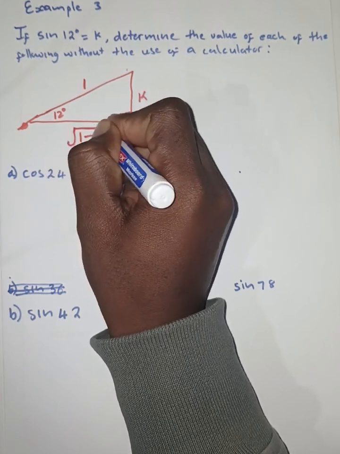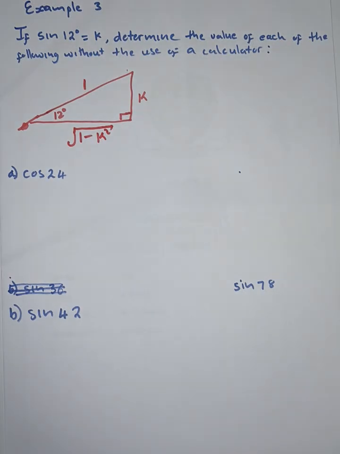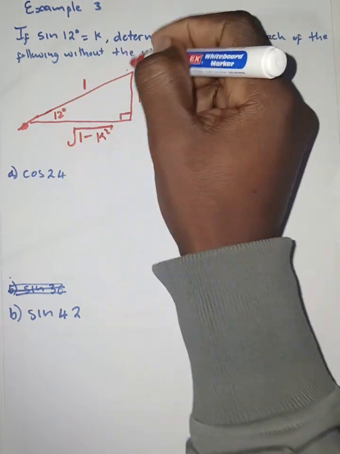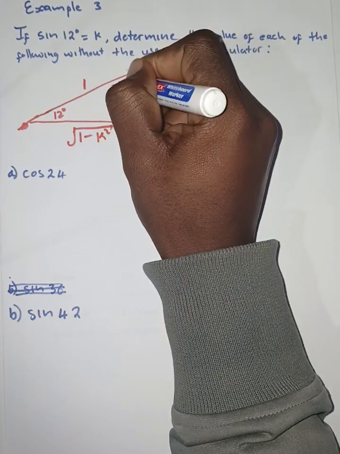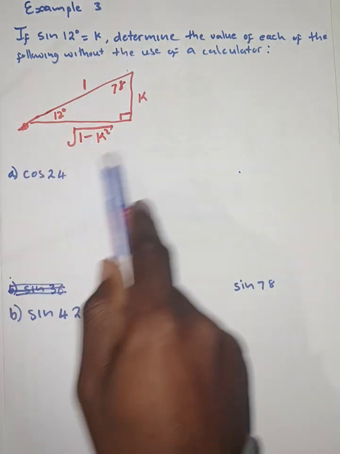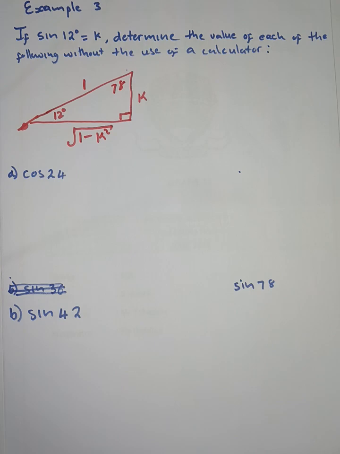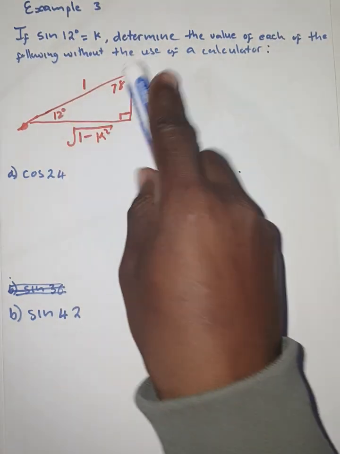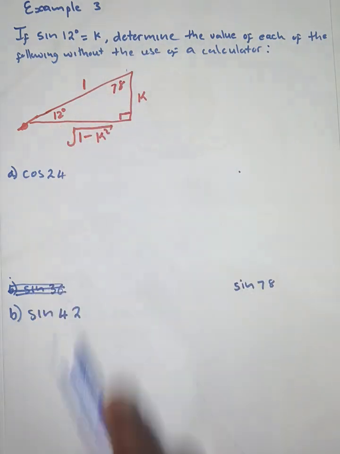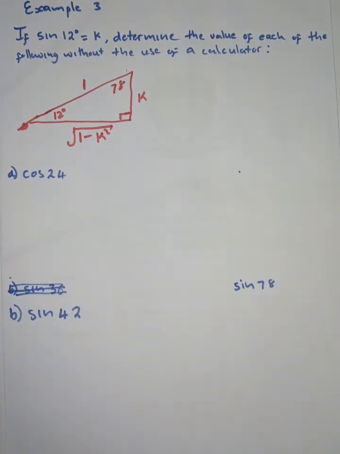Again, if this is 12, that's going to be 78. So we can proceed to answer the question. What I would advise is that you make sure your triangle has the most information. If they gave us an angle, you would find the third angle, and make sure you have all the sides, just in case they ask for it.